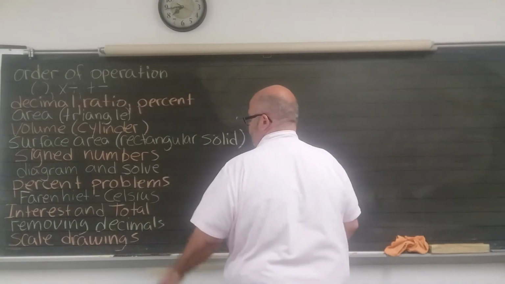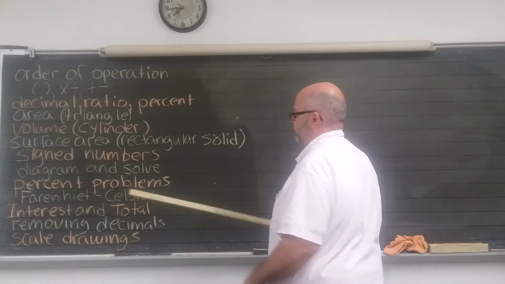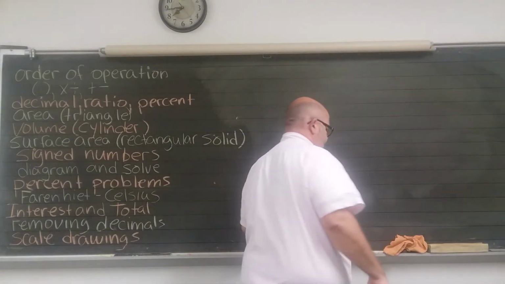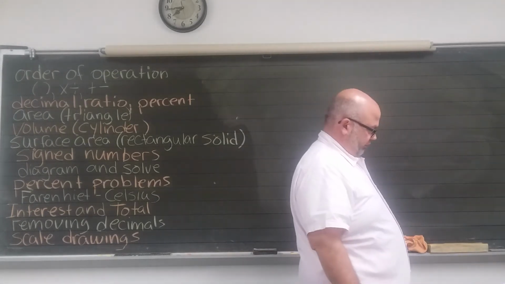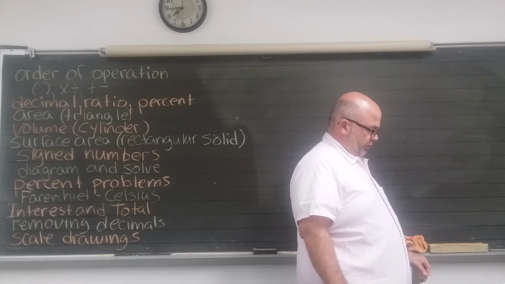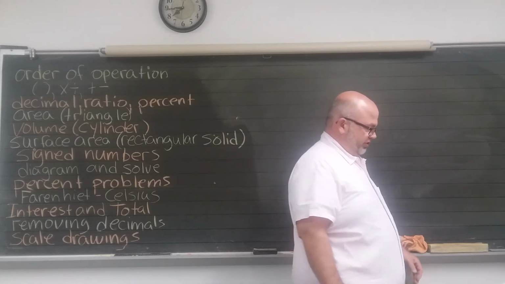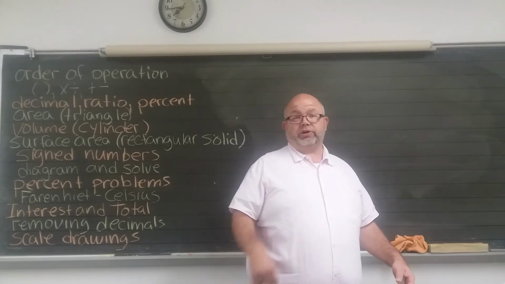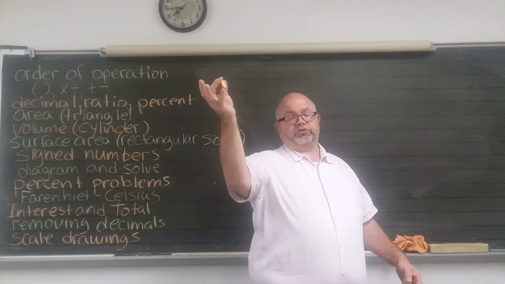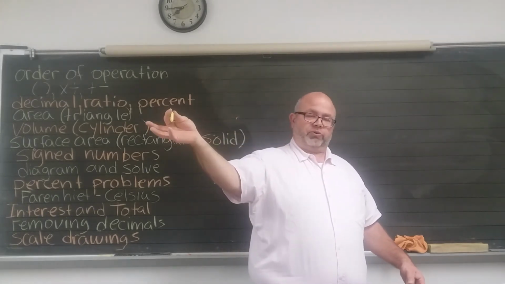Fahrenheit, what do we got next? Fahrenheit to Celsius. So we have a Fahrenheit temperature. What is it in Celsius? Know that the ratio of Celsius to Fahrenheit is about every 5 degrees that you go up with Celsius, you go up 9 degrees with Fahrenheit.